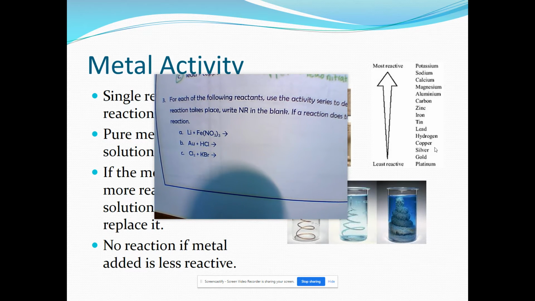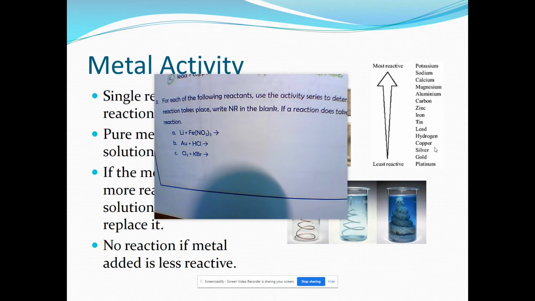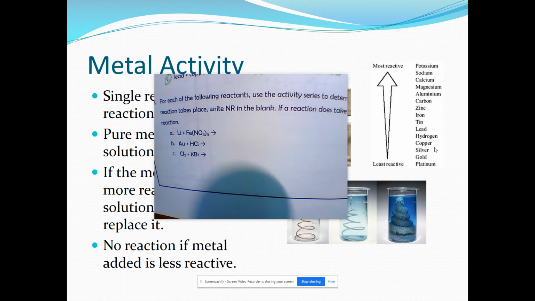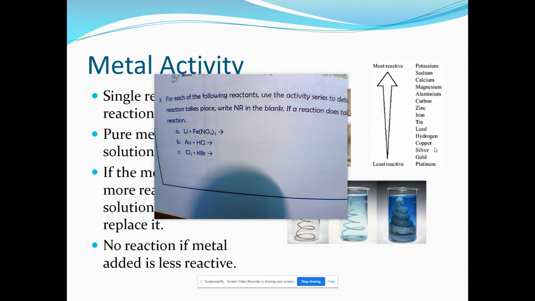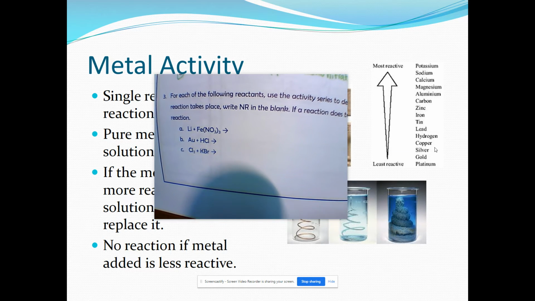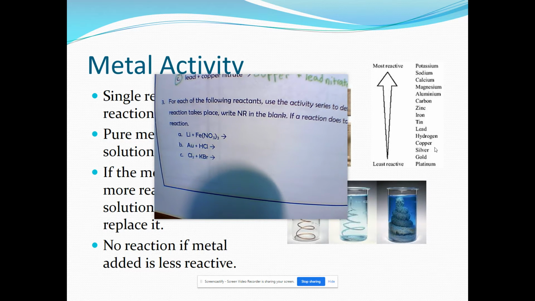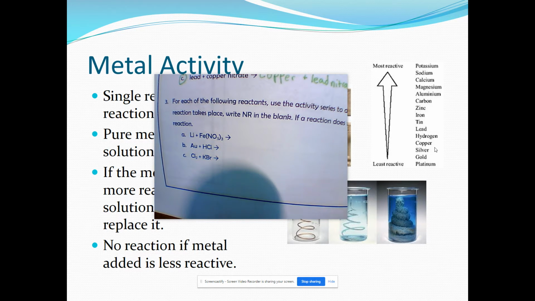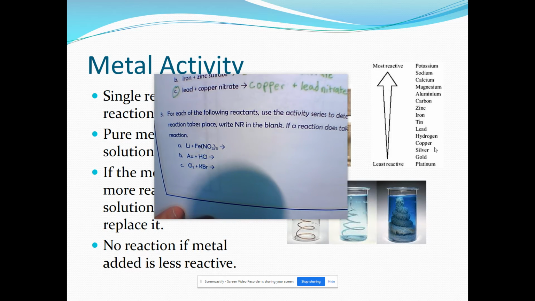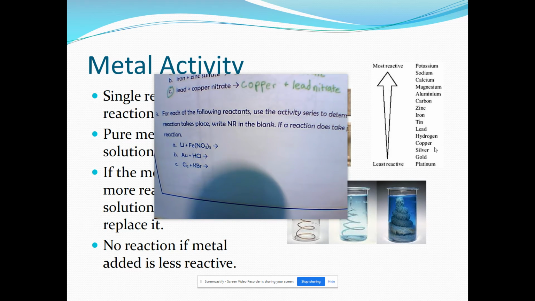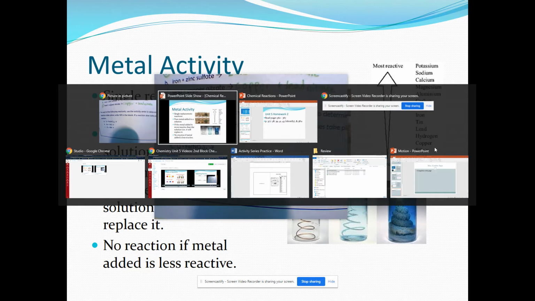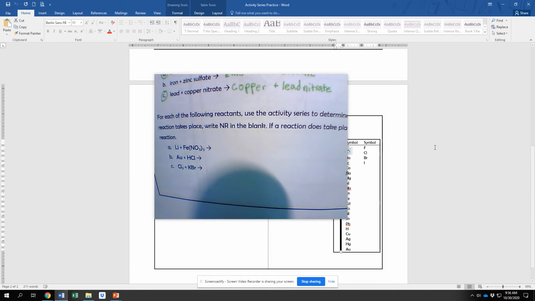All right. For our last set, we're going to write the chemical formulas only if a reaction occurs. So if no reaction occurs, we would write NR, no reaction. Okay? All right. So this first one, lithium and iron 3 nitrate. Well, let me get to a better list.